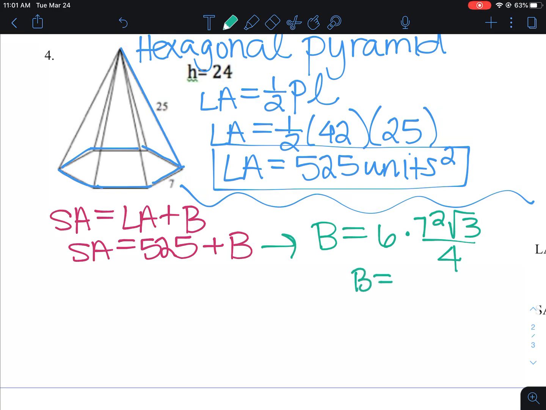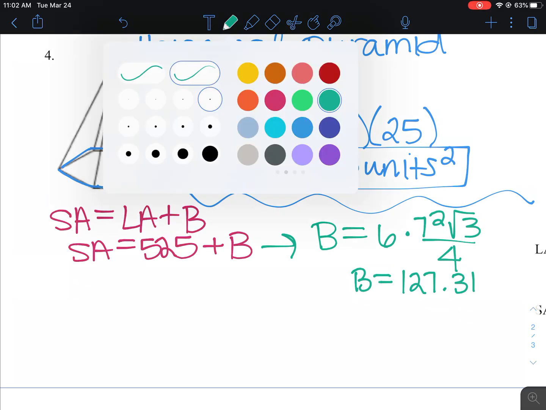So the area of that base, when you just type that all into your calculator, would be 127.31. I know my students kind of stress about whether we should type in the root 3 in the calculator. Just type it all in. We want to get decimals, so just go ahead and type everything in because it'll keep it less stressful for you.